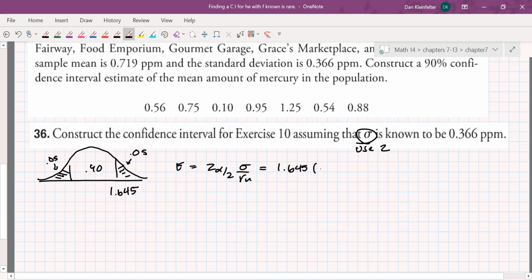Our sigma is assumed to be 0.366, and we still need our sample size, which was 7. So that's 0.228. So then the sample mean was 0.719, and we'll take plus or minus 0.228.